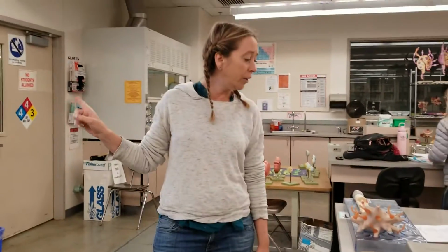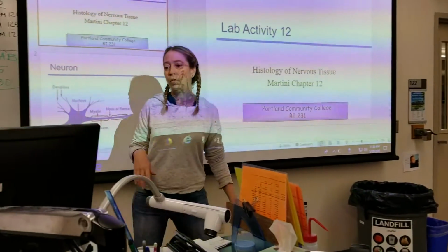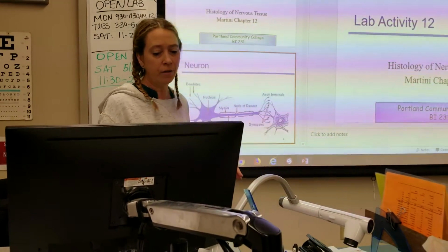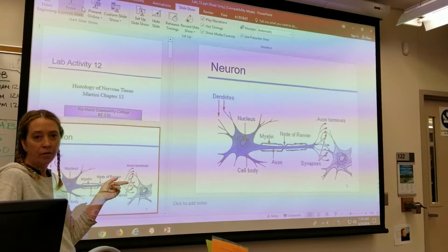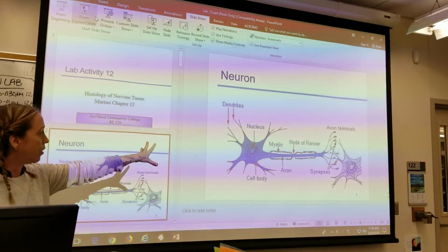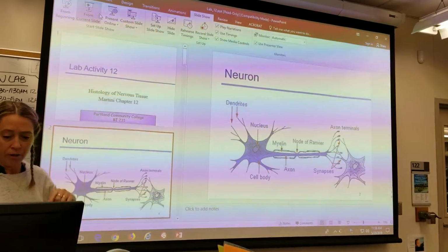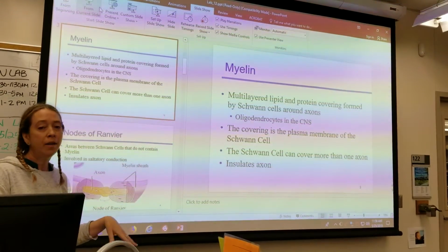Now we're gonna go through a couple slides, and I'll tell you kind of what you need to know for this particular activity. So you definitely are going to get asked on a model for the neuron. You're not going to see this picture, but that'll help you get yourself oriented with the model we just looked at. Okay, myelin, what do you need to know for the lab exam?